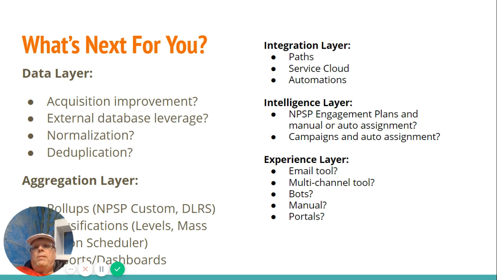Or do you need more complex classifications, in which case can you build reports or list views and then let Mass Action Scheduler assign the levels for you, so that you can then use that as automation for the intelligence layer or experience layer? Do you need to invest in more reports and dashboards and expose them more often?